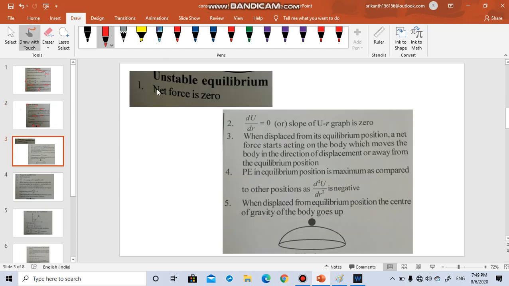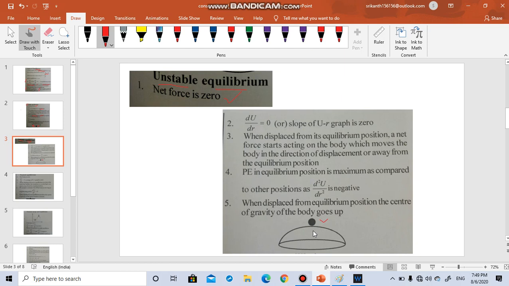Next we move on to unstable equilibrium. Here also the net force is equal to 0. Which type of situation is this? Let us say you have inverted that cup and on the top you are putting a ball. Even though it is in equilibrium, at any time a little bit of force and it will fall from there.